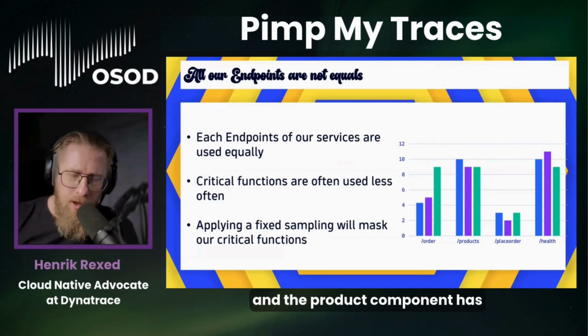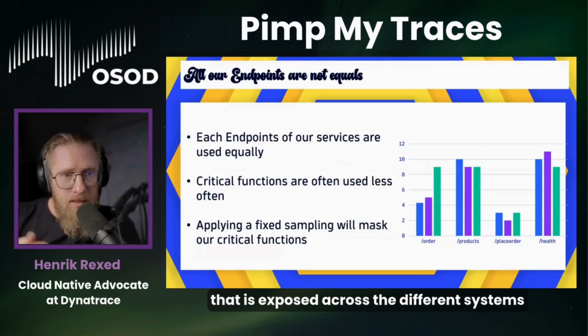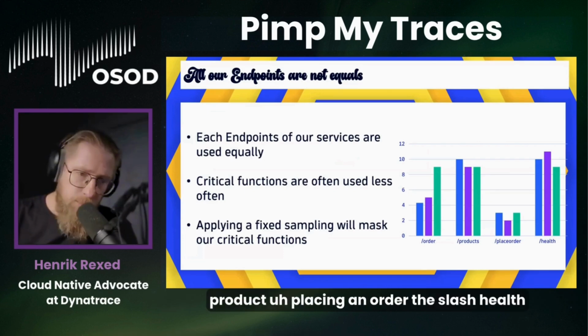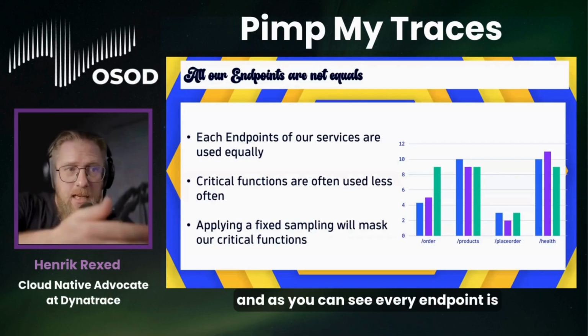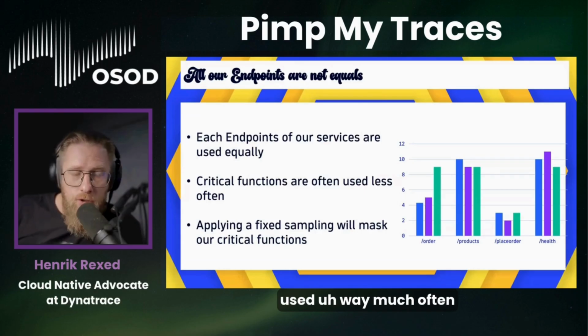The product catalog component has different endpoints or gRPC services that are exposed across the different microservice architecture we have. So you could have /order, /product, placing an order, the /health. And as you can see, every endpoint is not utilized the same way. The /product is used way more often, /health as well.